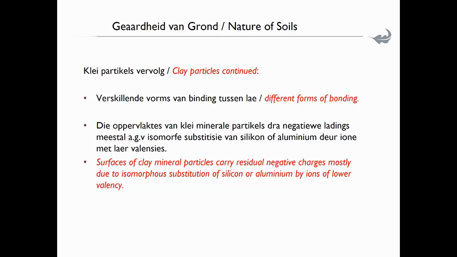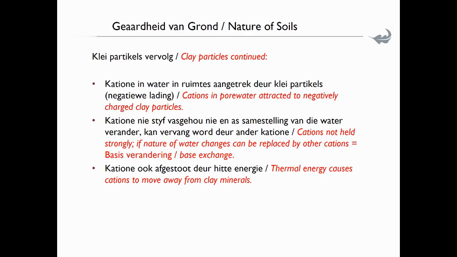There are different forms of bonding in the clay particles. The surfaces of the clay mineral particles carry residual negative charges, mostly due to the isomorphous substitution of silicon or aluminium by ions of lower valency. The cations in the pore water around the clay particles are attracted to negatively charged clay particles.